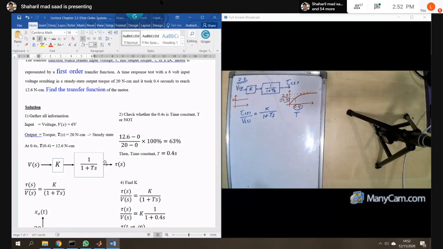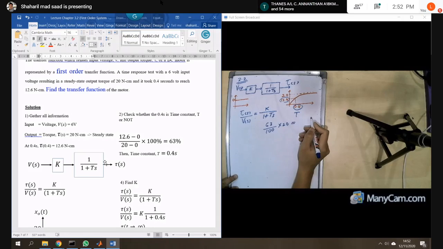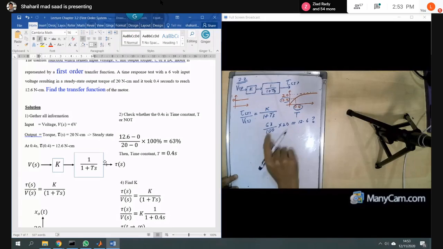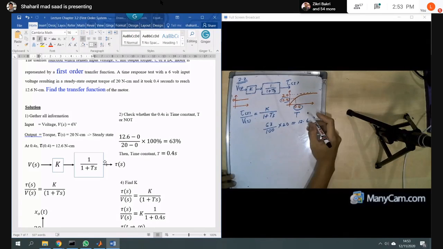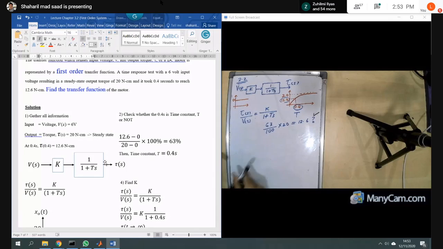We can do 63 over 100 times 20, and you get 12.6. Yes, you get 12.6 here. So that means your time constant is equal to 0.4 second.